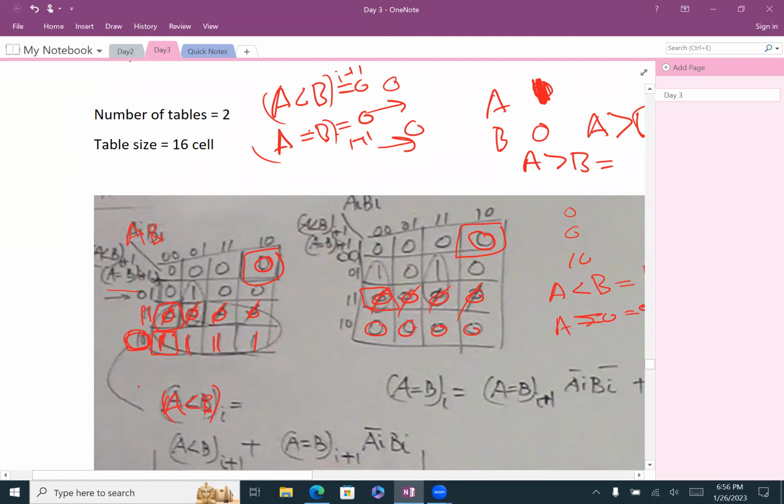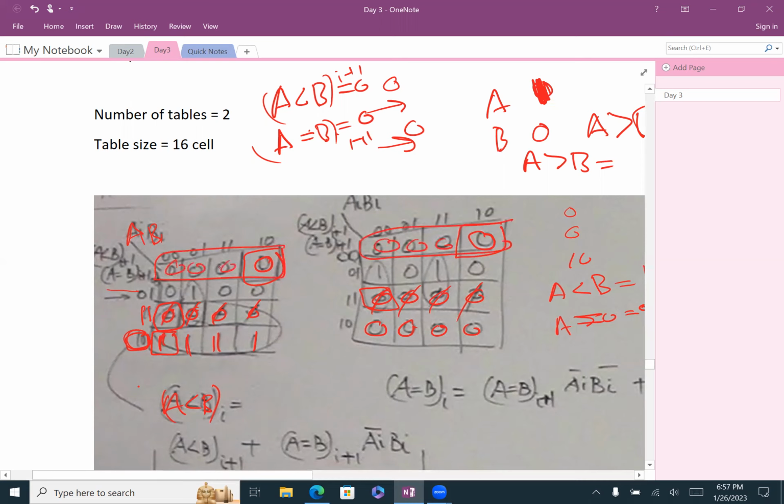Clear? Now let's go up here. Let's start with the first line. What is the first line? I have 0, 0. What does 0, 0 mean? A bigger than B. What will the equation be? 0, 0 always. So this line is always going to be 0, 0, 0.